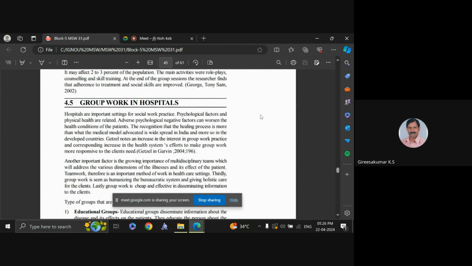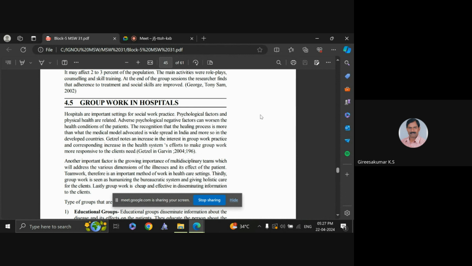Then there is group work in hospitals. Hospitals are most important in social work, where it is needed, because so many types of people with disease, psychological or physical, will visit a hospital. Another important factor is multidisciplinary teams, which will address the various dimensions.